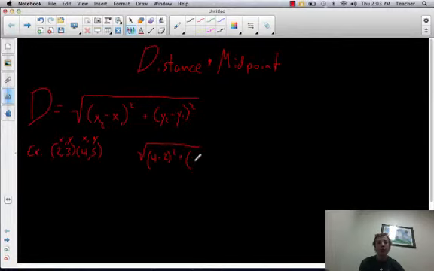And then let's take the y from coordinate number 2, or y sub 2, which would be 5, minus the y from coordinate number 1, or y sub 1. See how this begins to make a little bit more sense as you see examples? And we'll square that.